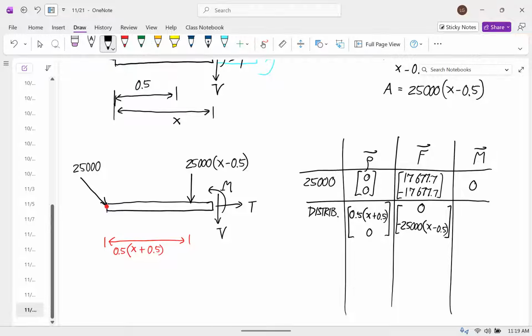And now the cross product, you can see why I kept it this way. It makes it easier to multiply these. We have negative 12,500 times the quantity x plus 0.5 times x minus 0.5, which is x squared minus 0.25.